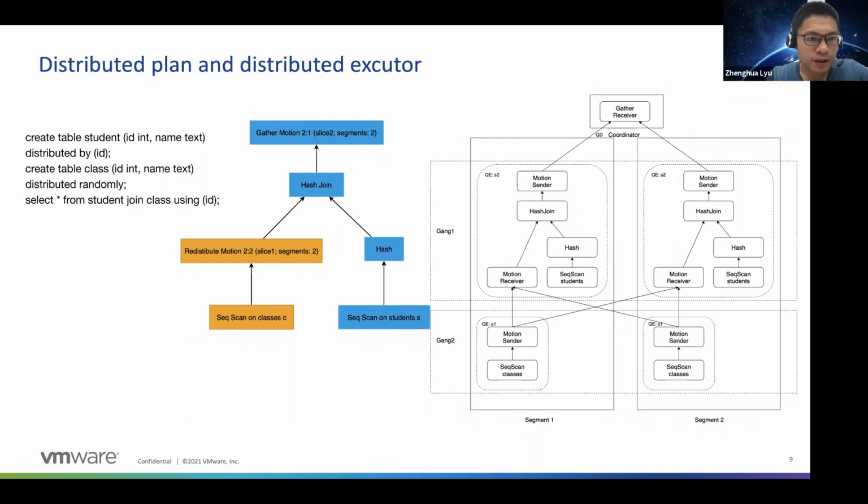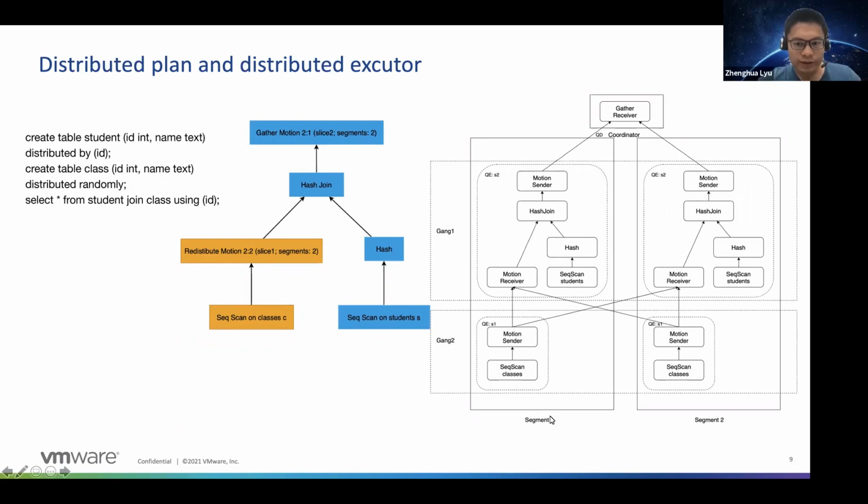In this picture, we have an example of two tables joined, and the tables are distributed with different policies. The middle shows the plan, where different colors mean different slices. And the right picture is the running instance of the distributed plan.